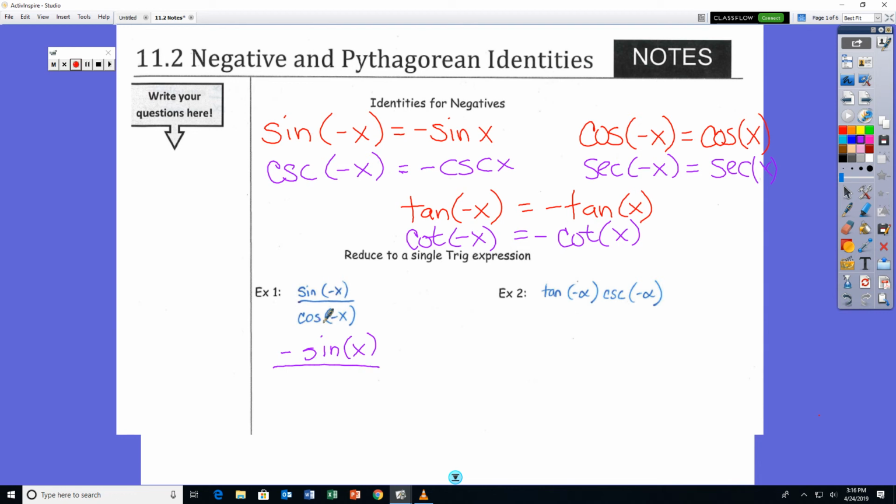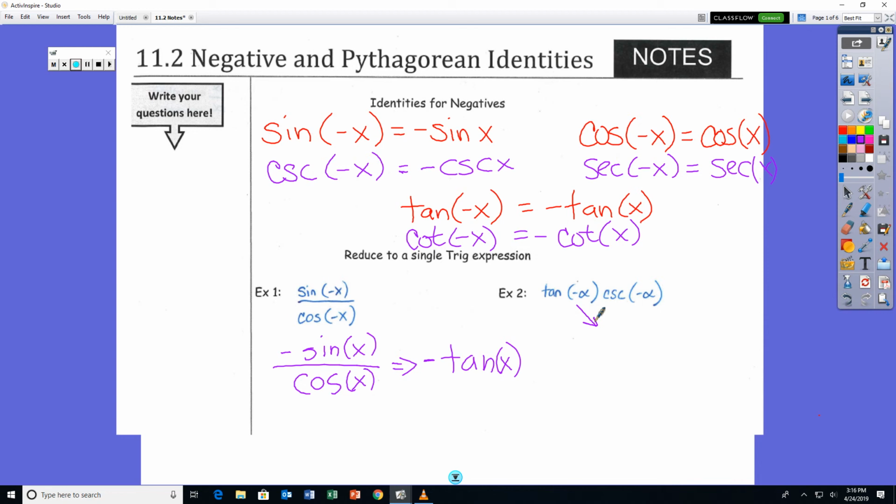In my denominator, cosine of negative x would give me just a positive cosine of x. Well, from the last section, when we have sine divided by cosine, that gets us tangent of x. And since we have a negative and a positive, it is a negative overall.